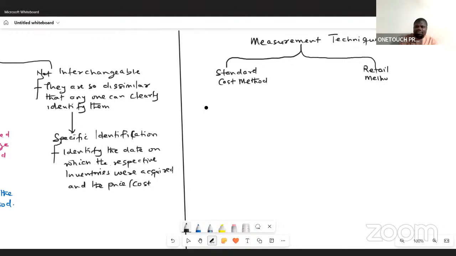The standard cost method and the what? And the retail method. Under the standard cost method, all you do is build up cost.